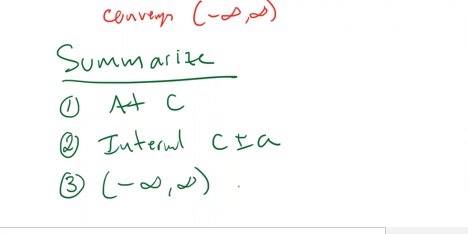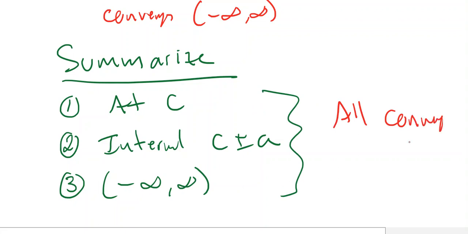One thing that you will notice here, this is very important, is that in all three cases, they all converge at C. So that means all power series will always converge at C. They may not converge anywhere else, but they always converge at C.